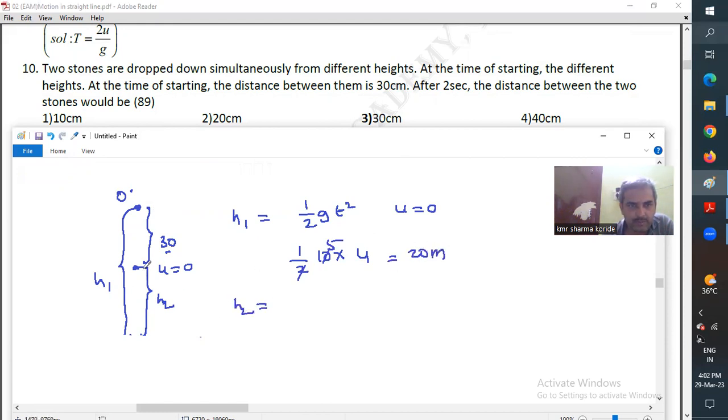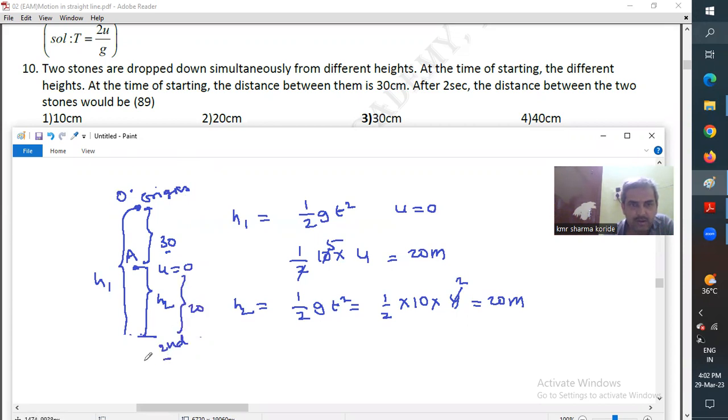Now h2, from the point of dropping, is half g t squared, measured from point A, not from the origin. So half into 10 into 4 is also going to be 20 meters. But it is at 30 from the origin. So the second stone is at 30 plus 20 from the origin after 2 seconds.